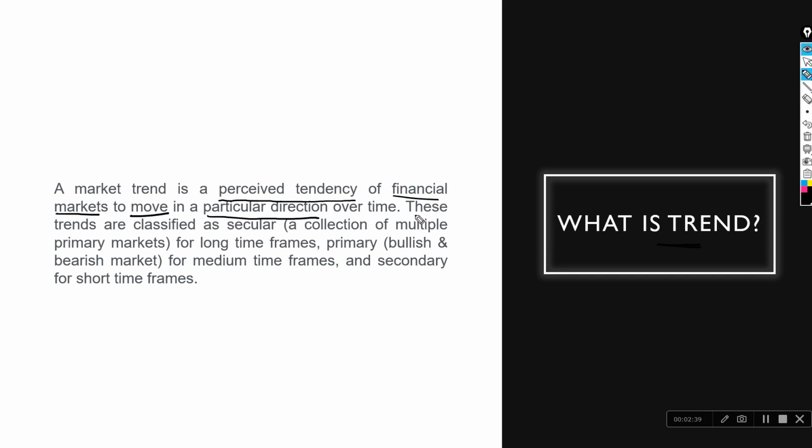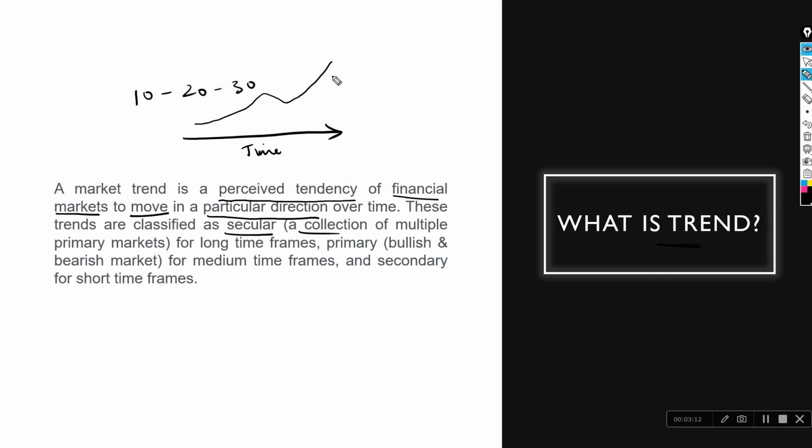So they say these trends are classified as secular. Secular, as you can see, is a collection of multiple primary markets. I will help you understand what exactly a primary market and a secondary market are, and why it's called secular. Secular basically refers to a decade or more, say 20, 30 years, over a range of years. If you consider time, secular markets are basically how a market is moving in a particular direction.